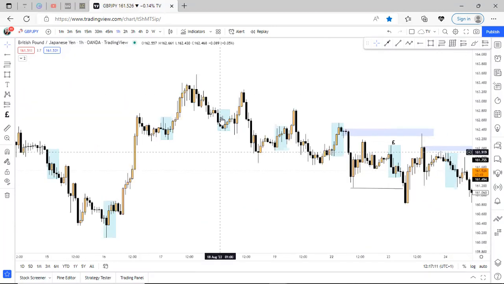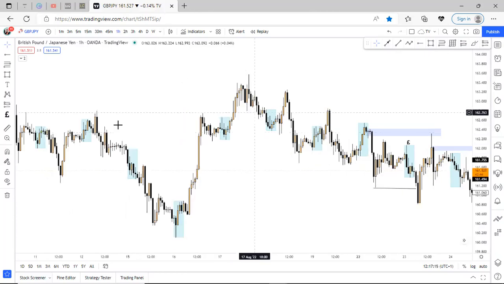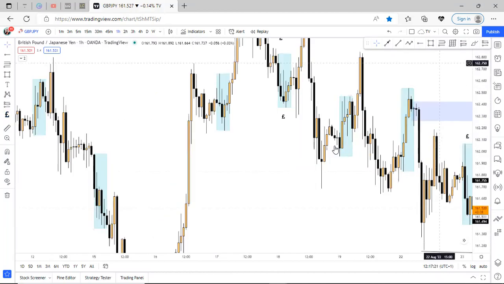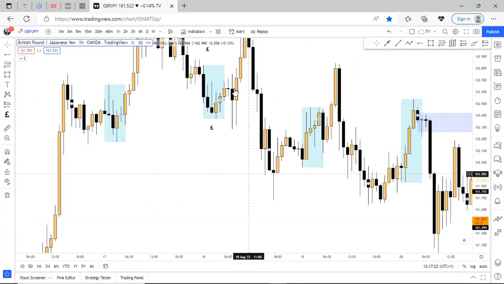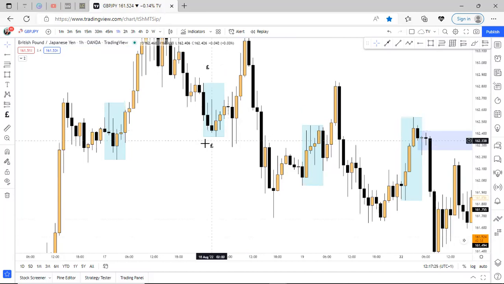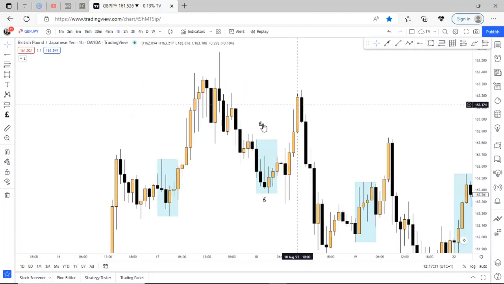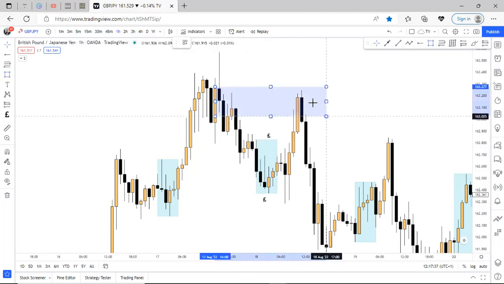Right here on this particular day also, we have the Asian range low and the Asian range high. After the Asian range session, you can see that we cleared out the Asian range low. Once it was cleared, price pushed all the way up to grab the Asian range high liquidity, and price found supply at this level right here.